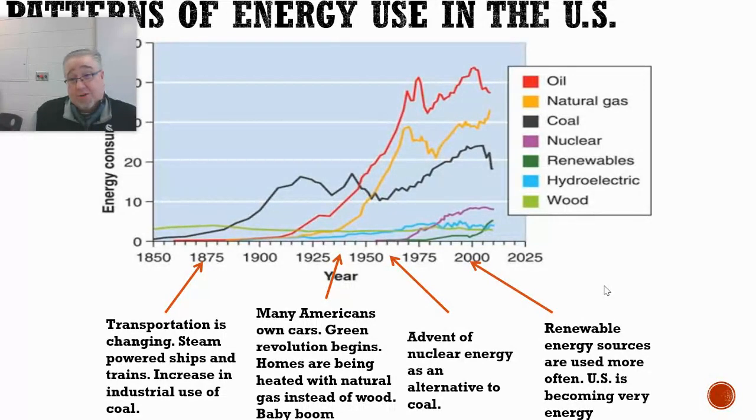And then finally, in the 2000s, this is where we started to get serious about renewable energy. So you'll notice this green line right in here. It starts to go up just a little bit. And you'll also notice that as that green line goes up, you can see, for example, coal going down, oil going down, and that's because we're using a lot more renewables.